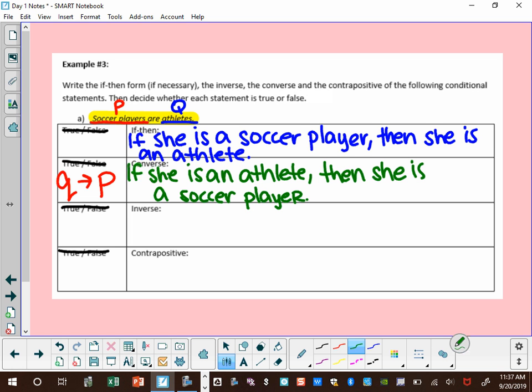If we were doing true statements, we would circle false for that, because every athlete is not going to be a soccer player. The sentence is right because we did the converse, but it's not true. You don't have to worry about what's true and false right now. You will eventually when we do our laws.